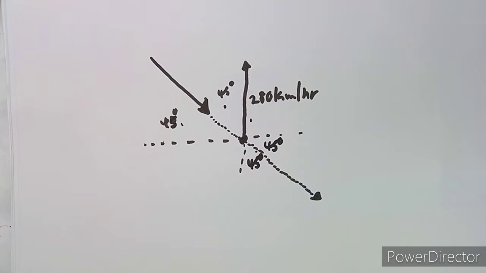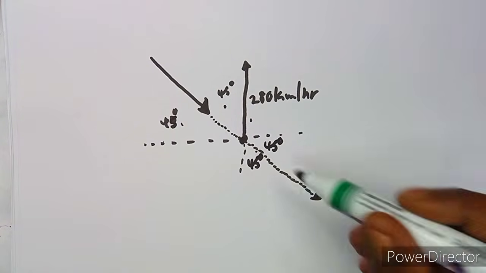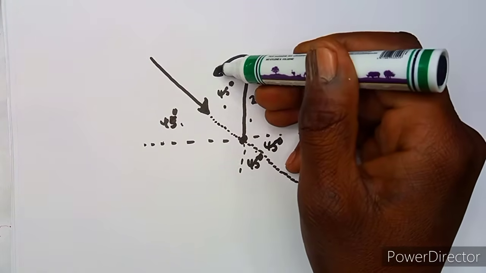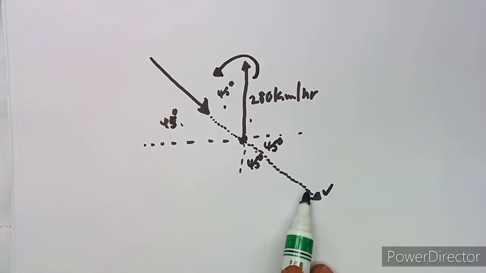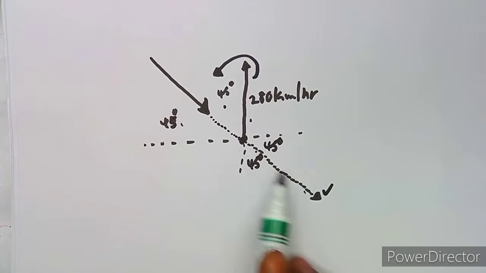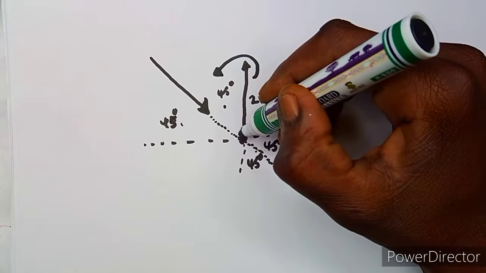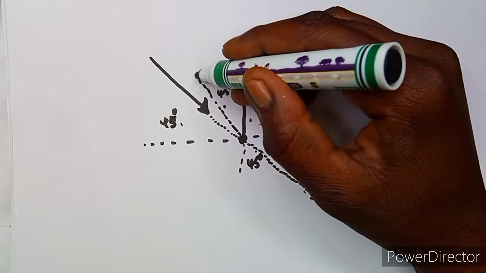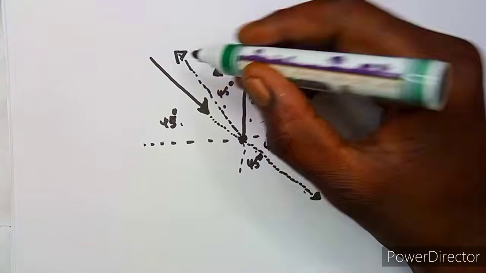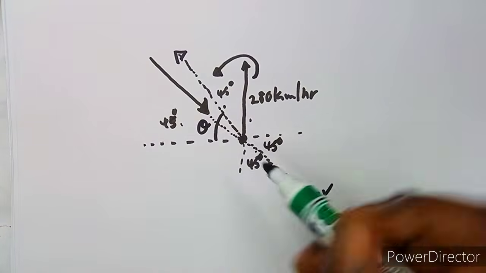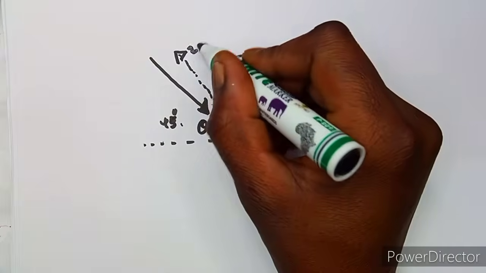But due to the effect of the wind, it means this is going to shift to the opposite direction of the wind which is blowing. So at the end it is going to be adjusted like this, with angle theta and 280.